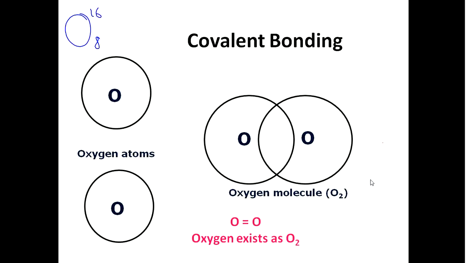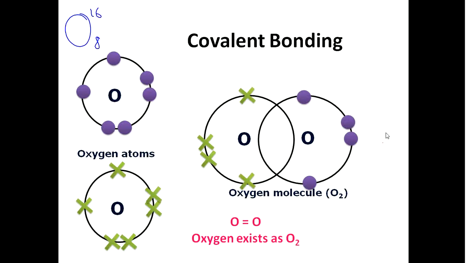Here we have oxygen atoms, where 2 oxygen atoms combine to form an oxygen molecule. An oxygen atom has 6 electrons in its outer shell. Then through trial and error we try to make 8 outer electrons.